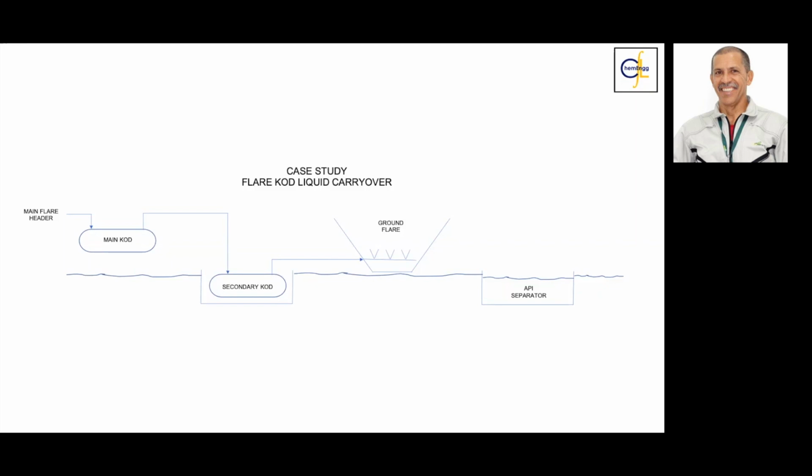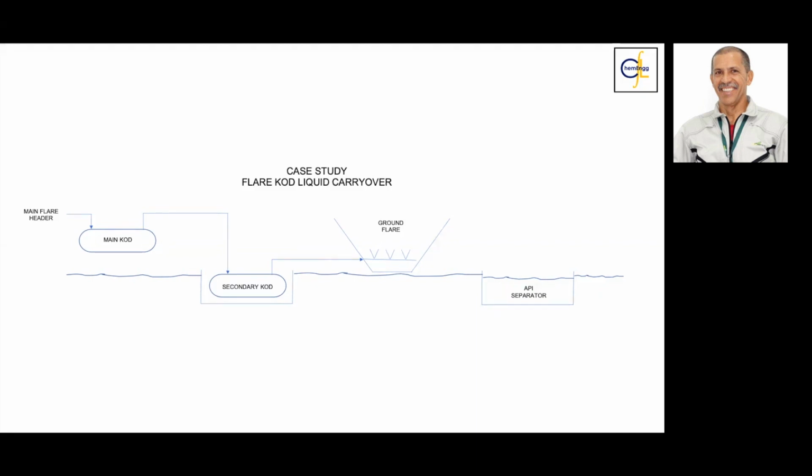So we need to interconnect some flare headers to minimize the back pressure.